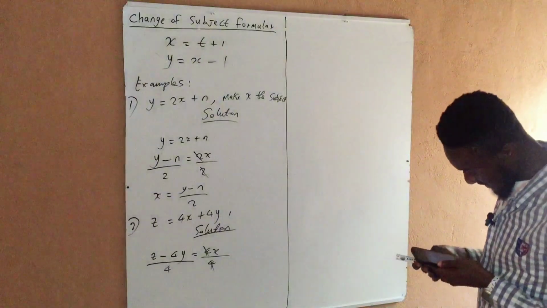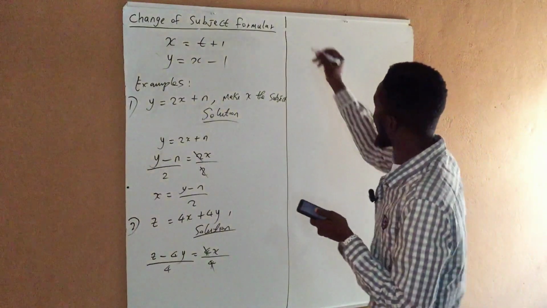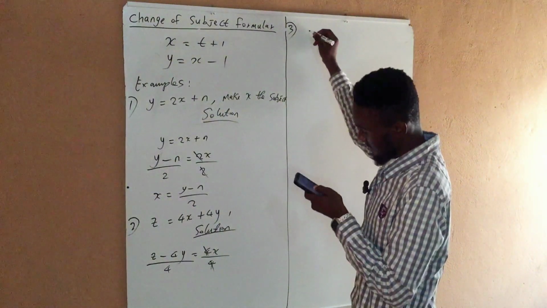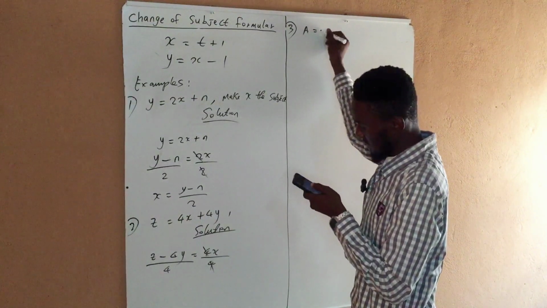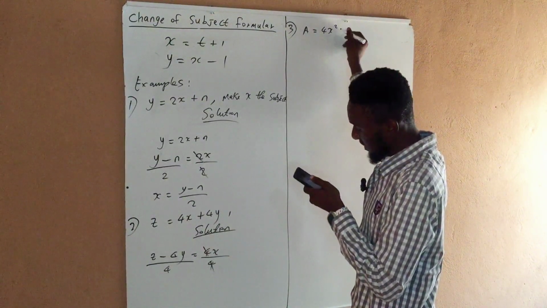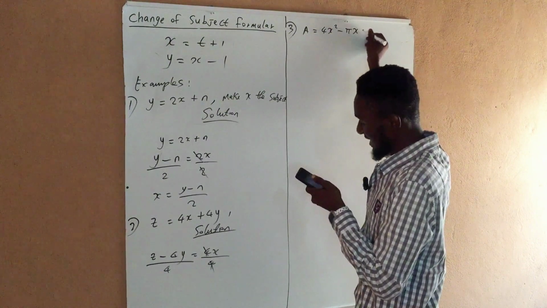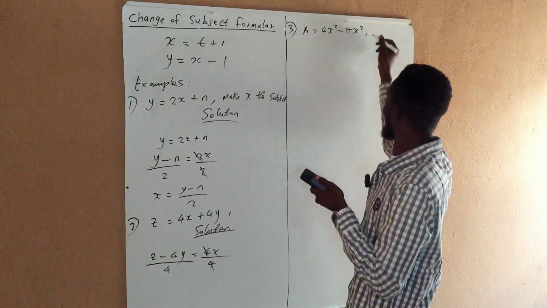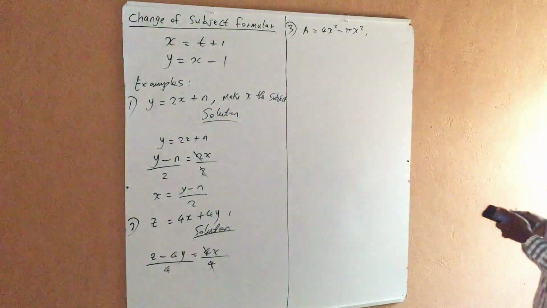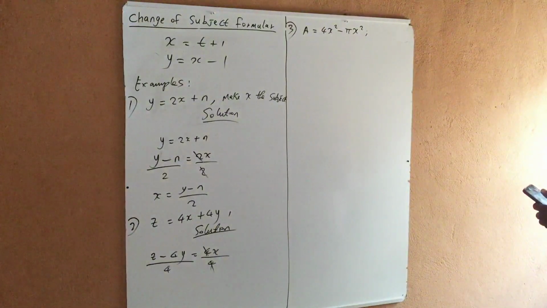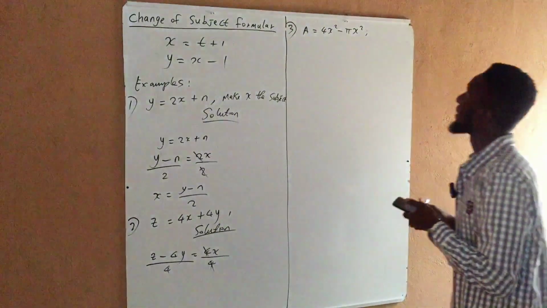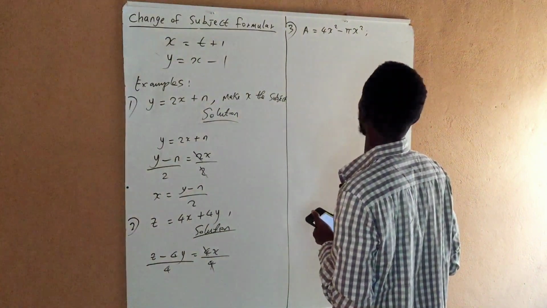Now let's look at this example. When you are given a equal to 4x squared minus pi x squared, make x the subject of the formula.